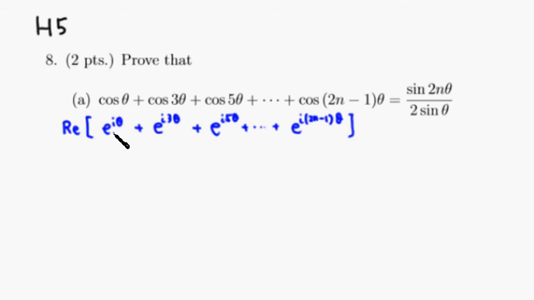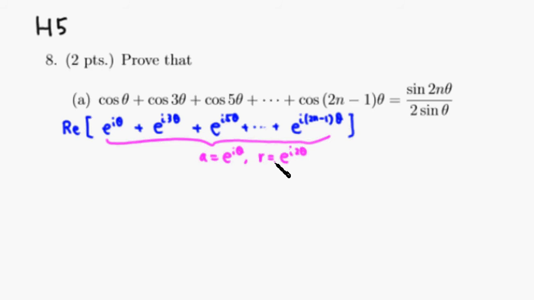Since this is actually a geometric series, where a is the first term, e to the i theta, and the r value is going to be, every time you go to the next term, you multiply by e to the i 2 theta.